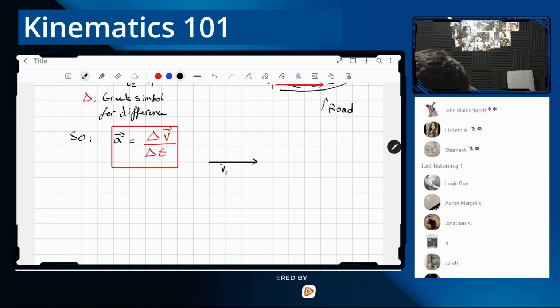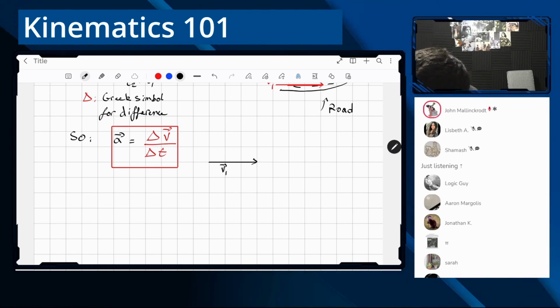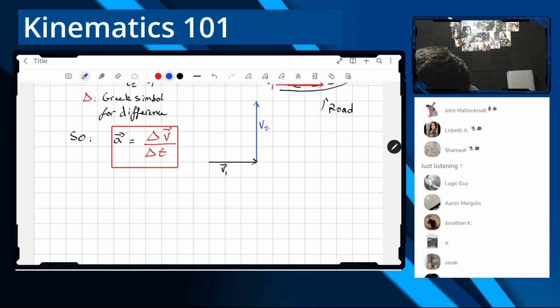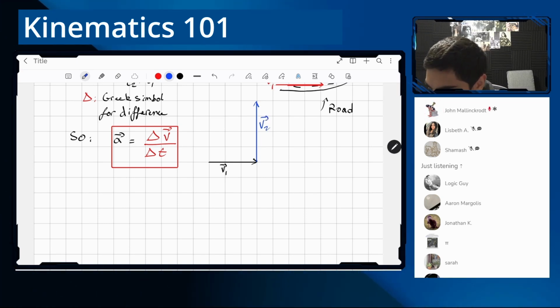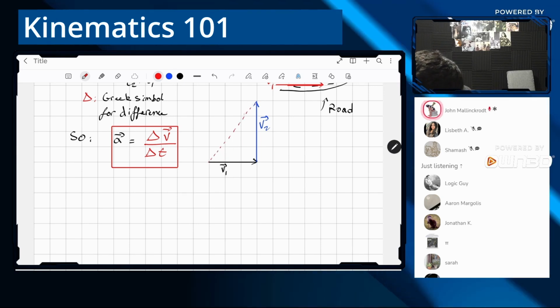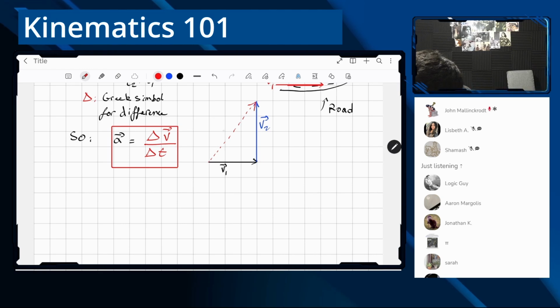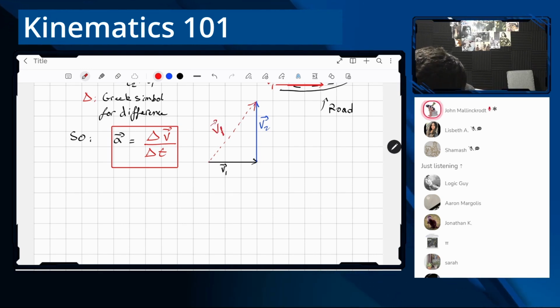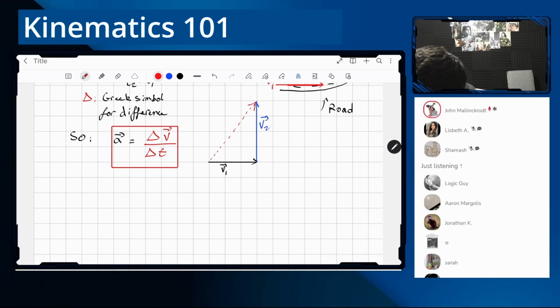Now I start at the tip of that vector and I draw another vector that will take me to a place such that if I were to draw a vector from the initial starting point, the tail of the V initial, and end at the tip of that second vector, I get my final vector. Now I know what I want. I want my final vector to be 40 miles per hour pointing north. So I have to start from the tip of my V initial.